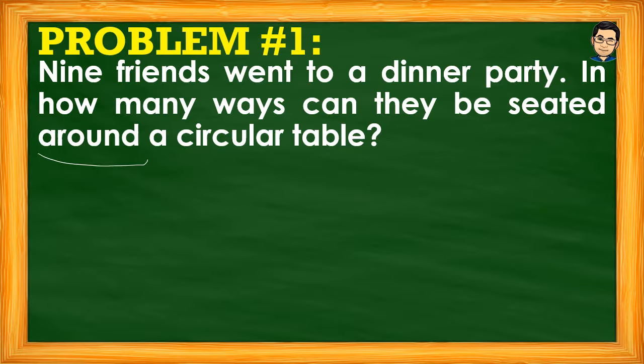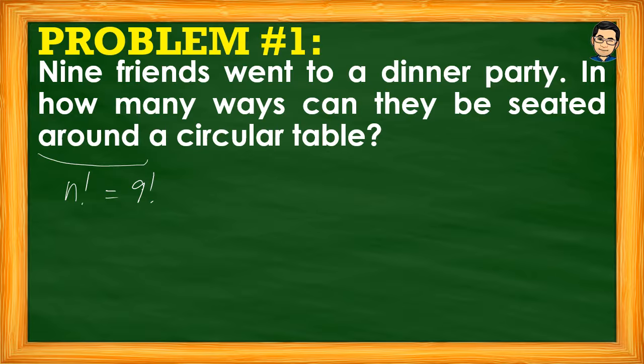Kapag naman in-arrange natin yung 9 friends na yun in a line or in a row, that will be linear permutation. Kung linear permutation yan, that will be n factorial lang, and that is 9 factorial. We'll just simply get the product of 9 times 8 up to 1.